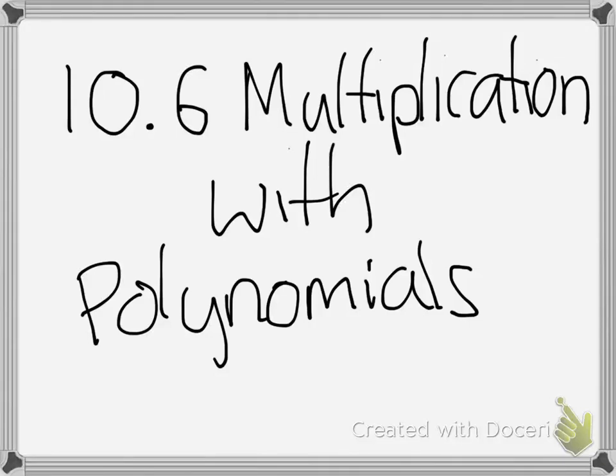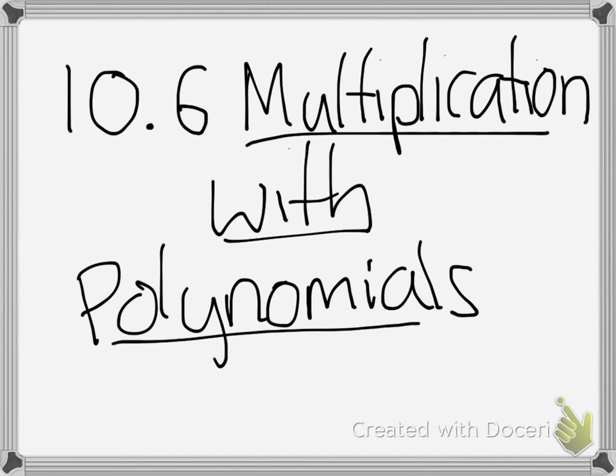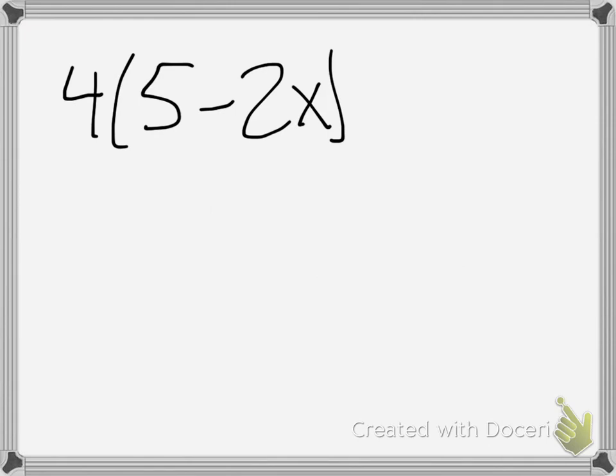Next section is 4.6, multiplication with polynomials. Now we've already done a little bit of this. There was a moment in last section where I had 4 times 5 minus 2x. And I said that we multiply the 4 by each of those pieces. 4 times 5 is 20.